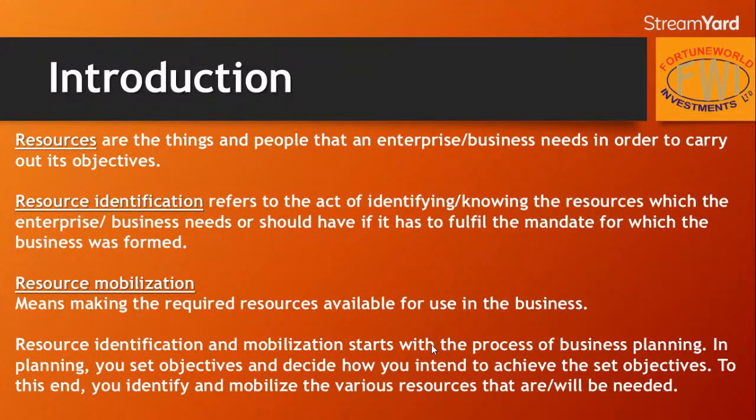So you need resources. And in this lesson, we'll be explaining what resources means, and we'll be giving examples of the types of resources, and we'll be applying them to your kind of situation. So resources are those things that you need, such as the people and the other things that are required for you to carry out your business objectives.